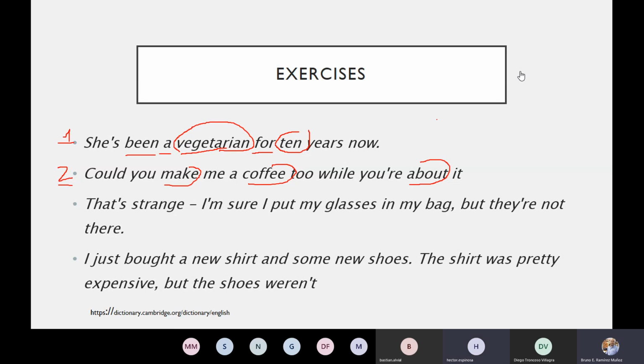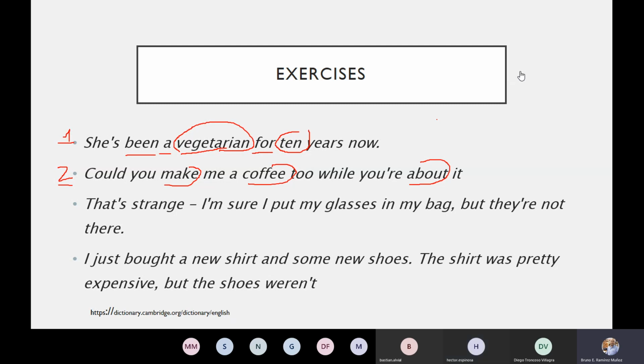What are content words? Nouns, verbs, adjectives, and adverbs.